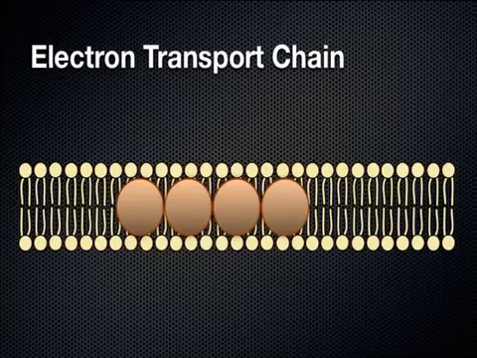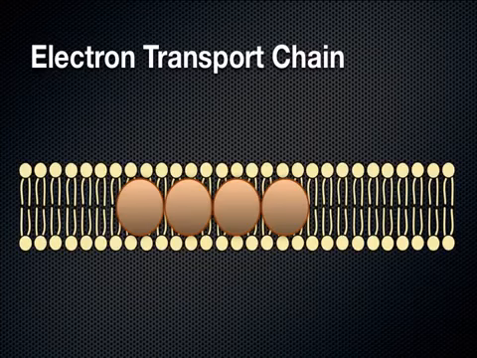Okay? Here we have an illustration of the electron transport chain. We have a series of proteins in the membrane of the mitochondria. We have NADH and FADH2. What do they bring to the electron transport chain?